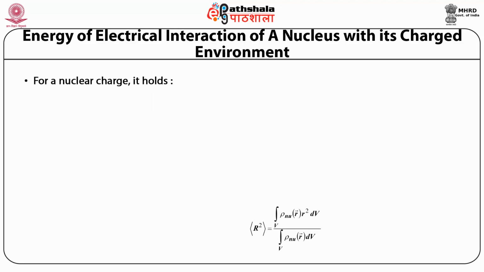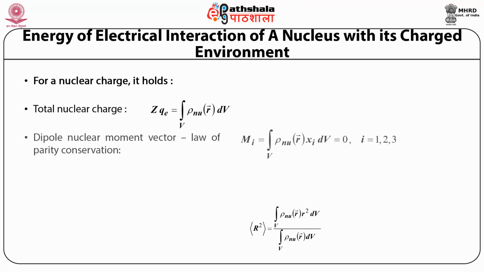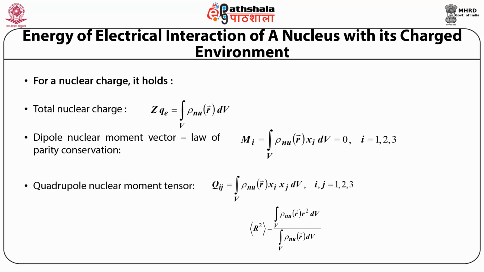For a nuclear charge, it holds that ZQe, which is the total nuclear charge, is the integration of rho dV. Second is the dipole nuclear moment vector, M_i, equal to the integration of rho x_i dV, and third is the quadrupole nuclear moment, which is tensor in nature.